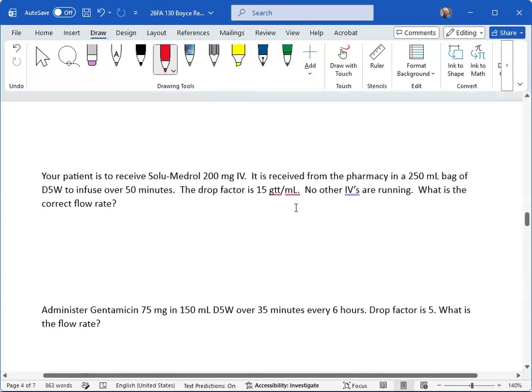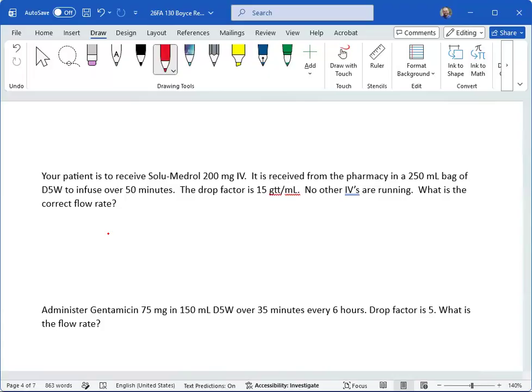This is one that we use at Allegheny campus. So we have a patient that's receiving Solu-Medrol 200 milligrams IV, received from the pharmacy in a 250 milliliter bag, and it's going to infuse over 50 minutes with a drop factor of 15. No other IVs are running. What is the correct flow rate?